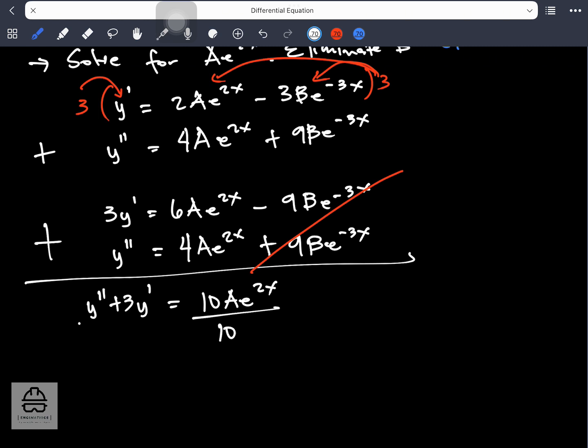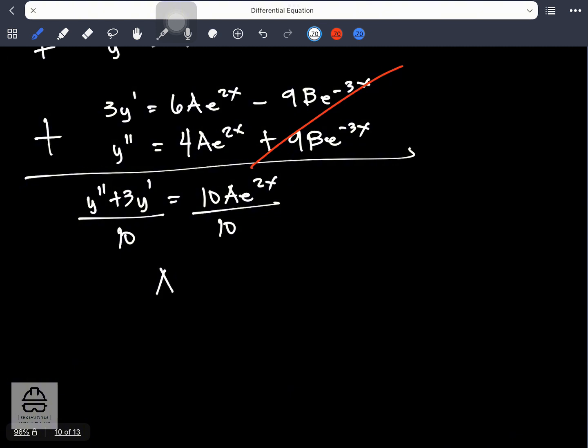Okay? Divide both sides by 10 to isolate the ae^2x. That would be ae raised to 2x is equal to y prime prime plus 3y prime, divided by 10. So, this is our equation number 4. Okay? Please take note of that because we will be substituting it later into the original equation.